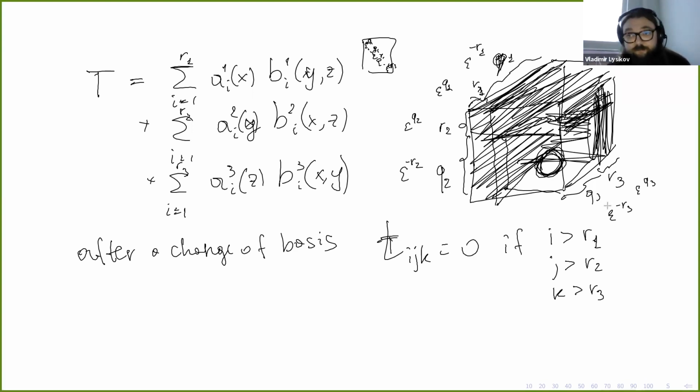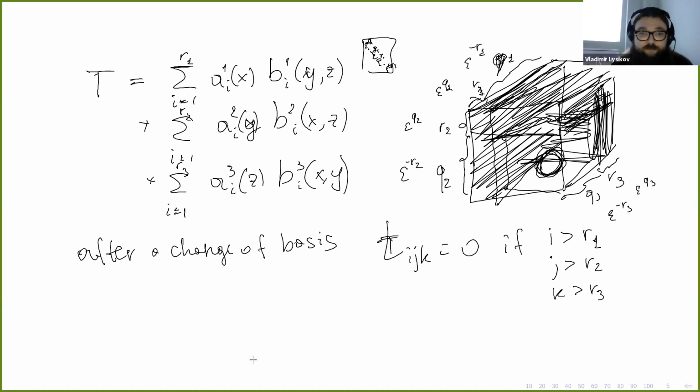And we see that if R1, R2, and R3 are small enough, then by multiplying it in this way, we can multiply every element of the tensor which is non-zero by a positive power of epsilon. And this means that if we let epsilon go to 0, in the limit, we get a zero tensor.